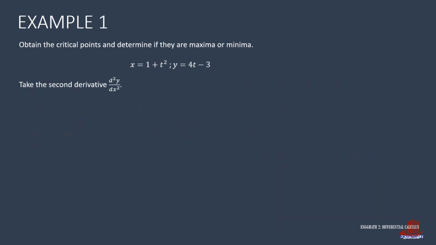The next thing to do is to describe if the critical point is the highest or the lowest point from the curve. This is done by taking the second derivative of y with respect to x. So far, what we got is dy over dx, which is 4 over t.